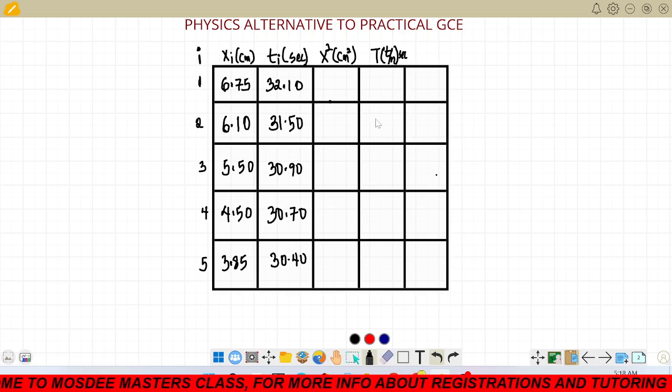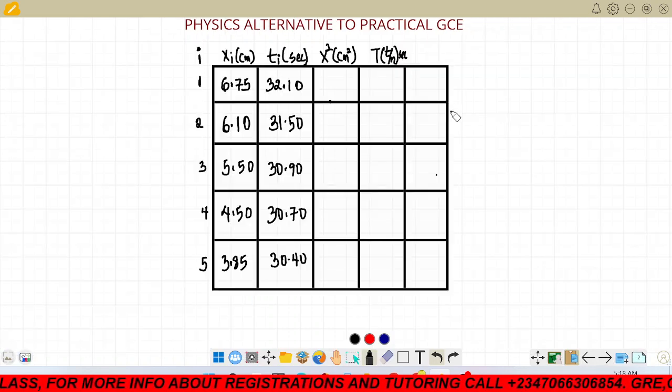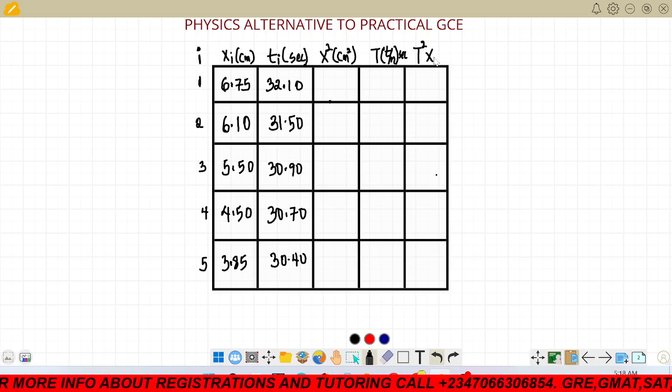And see, I'm trying to manage space and move your hand here so that you have it, because it's important to put the SI unit down there. Then this guy also says, in addition, I should put T squared x. So that means T squared, then x. It should be second squared, then centimeter. So that is the SI unit of each of them, as you can see right here.